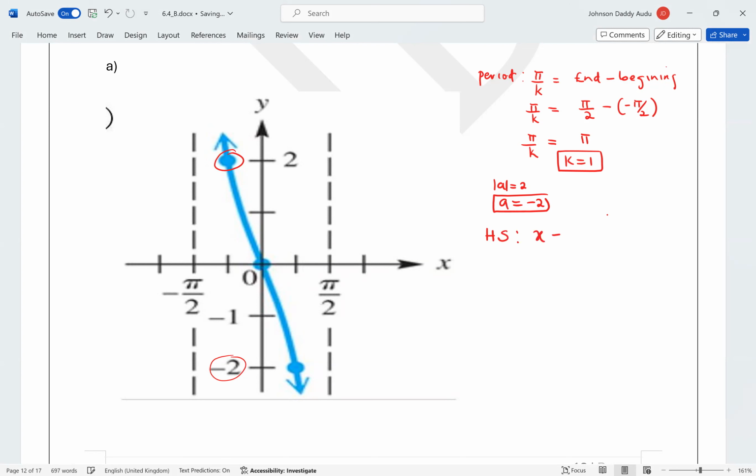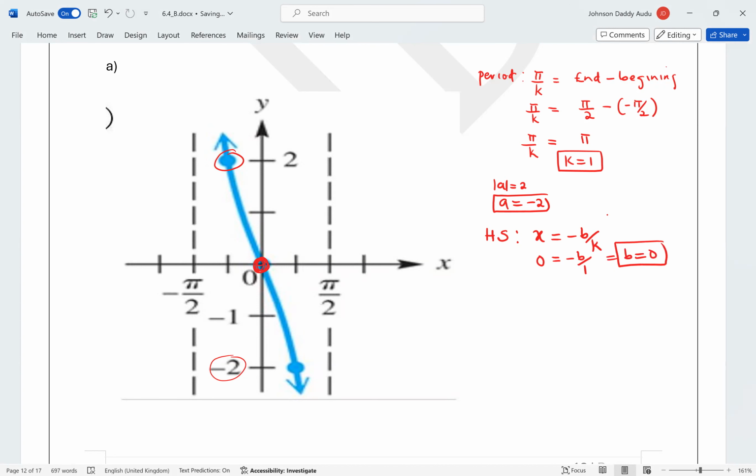Remember, horizontal shift is going to be minus b over k. But anytime you are dealing with the graph of tan, the horizontal shift is simply the midpoint of your interval. That is what you should use as a horizontal shift. So it's going to be 0 in this case. So 0 is minus b over 1. So this means that b is equal to 0.